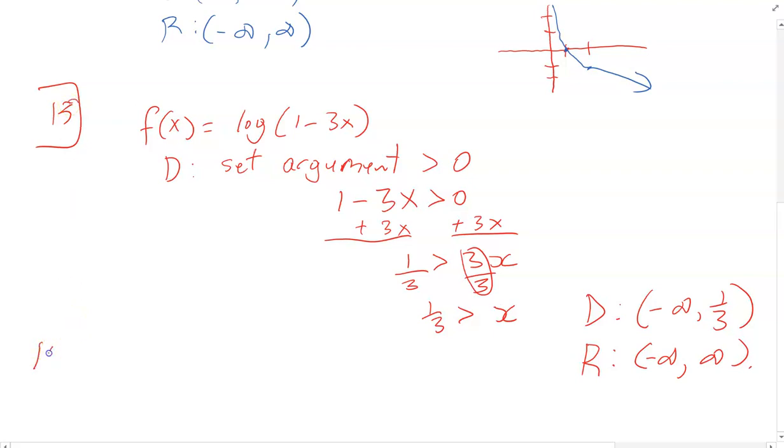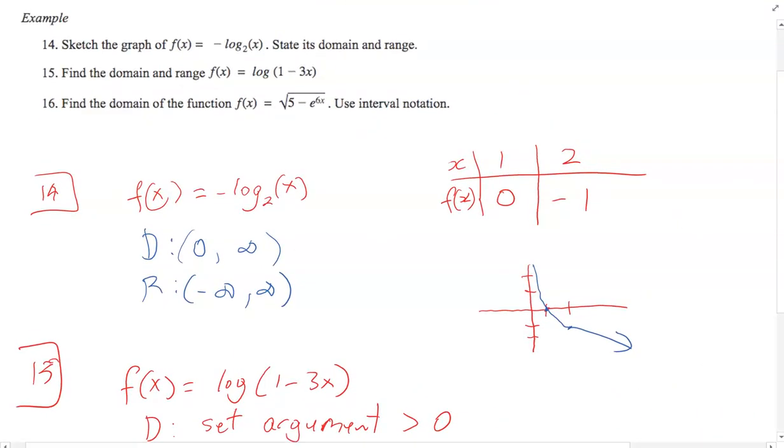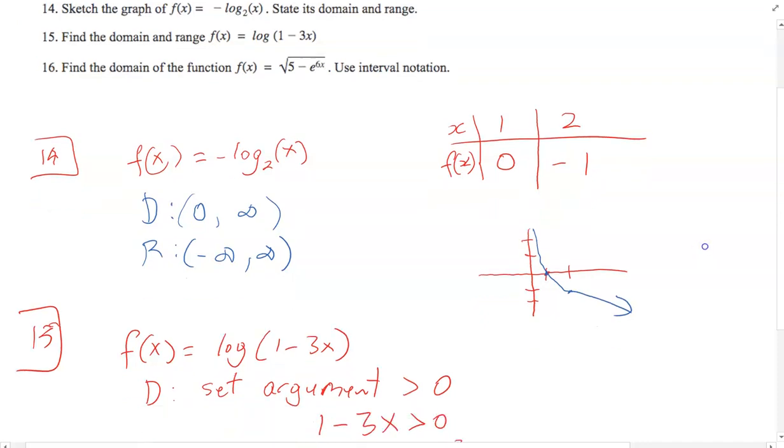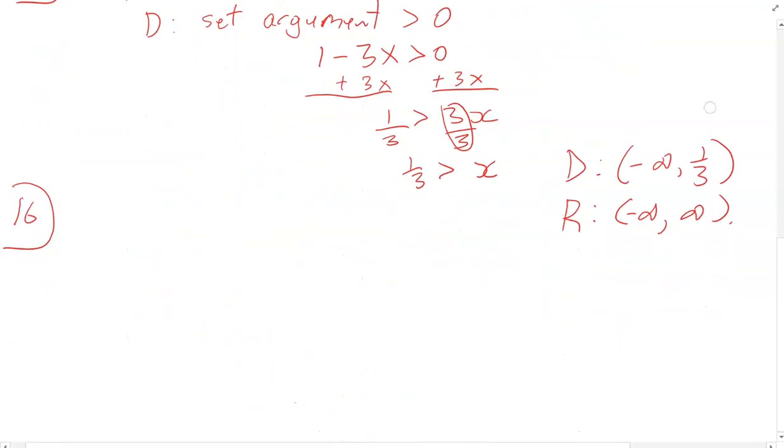Let's apply domain and range ideas to another problem. Our problem asks us to find the domain and range of f of x is equal to 5 minus e to the 6x. F of x is equal to 5 minus e to the 6x, and you're taking the square root of that.